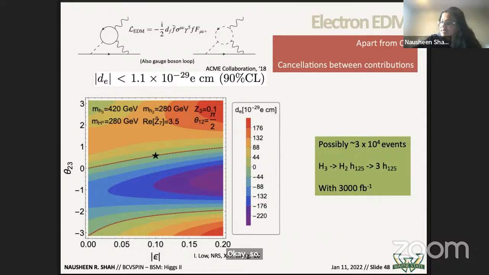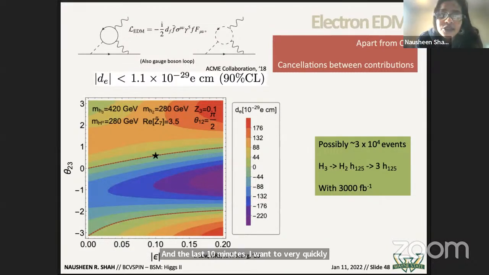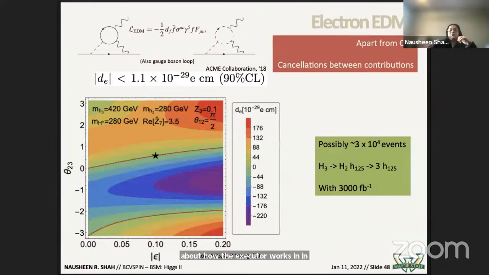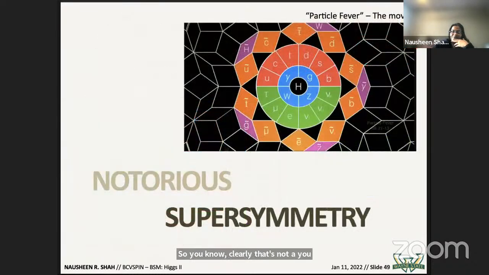in the last 10 minutes, I want to very quickly talk about how the Higgs sector works in supersymmetry. So clearly that's not even close to the amount of time to do justice to this, but hopefully I'll give you a broad overview.